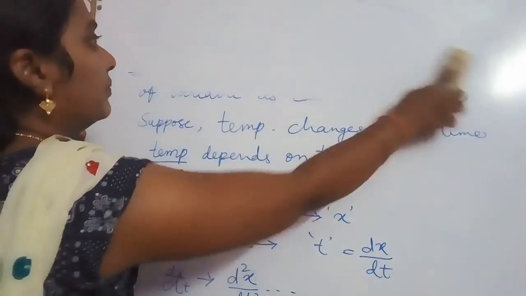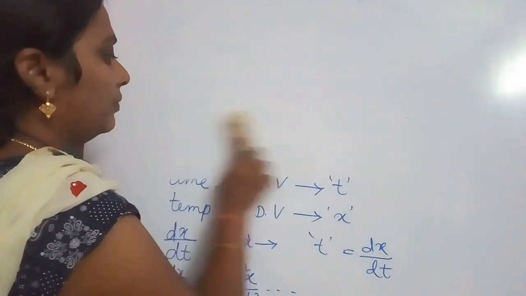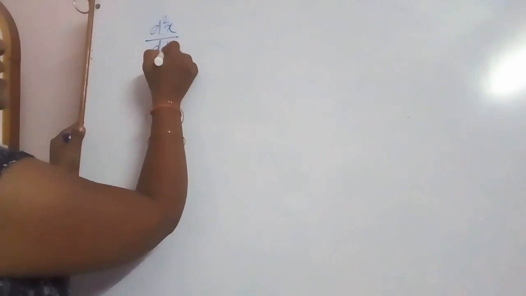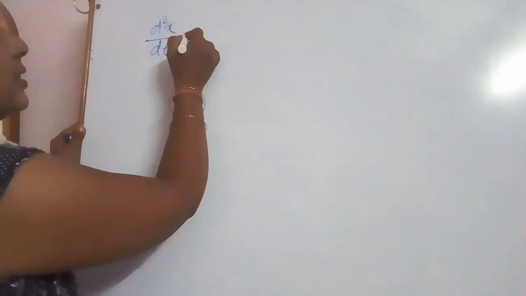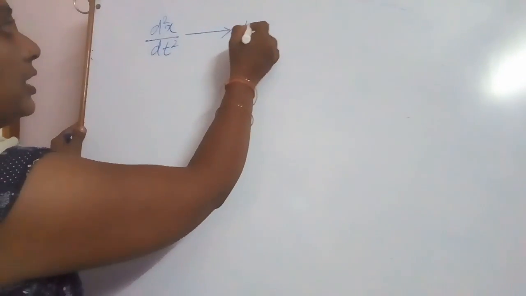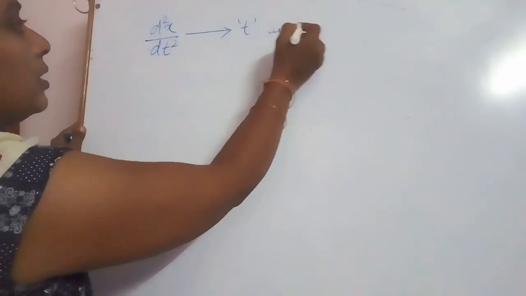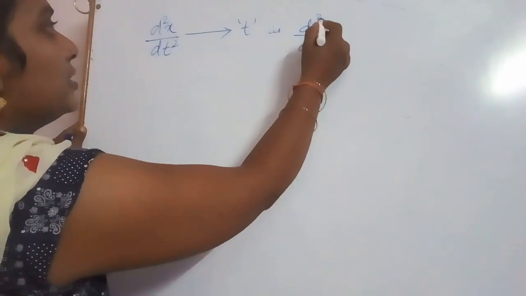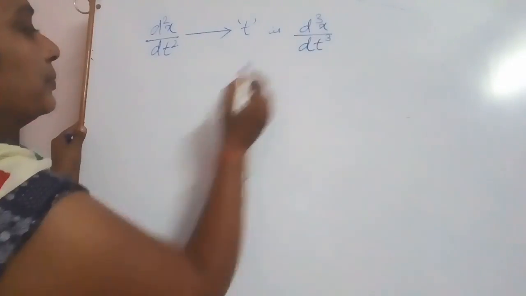In the same way, the rate of change of d square x by dt square with respect to t is called the third order derivative, that is d cube x by dt cube.